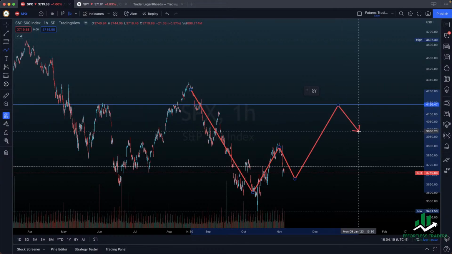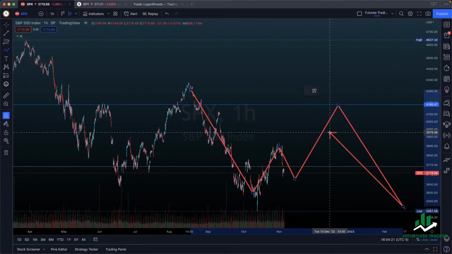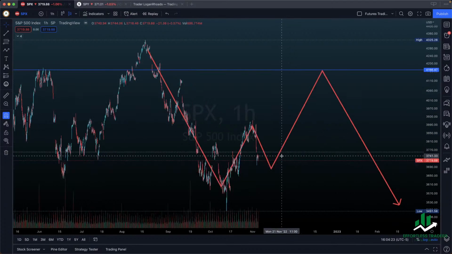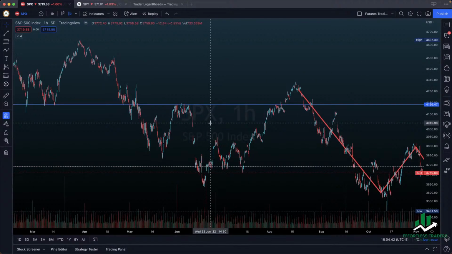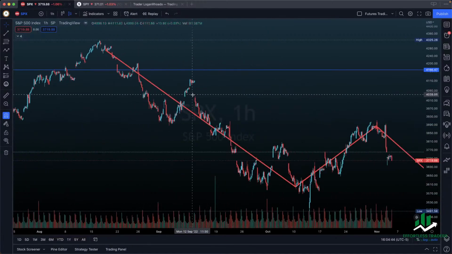So we'd play puts or shorts or whatever you want to play back down. So that's just an example of how you can use a support and resistance line to give yourself an idea of where the market's moving. And that's a general way to use it, and how to actually draw one. Super easy. Like I said, the general rule of thumb is 3 touches and it's a resistance or support line.